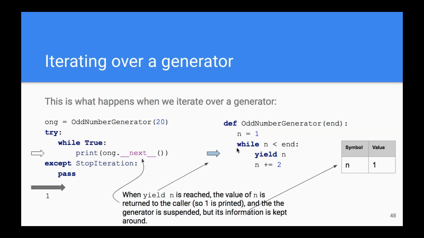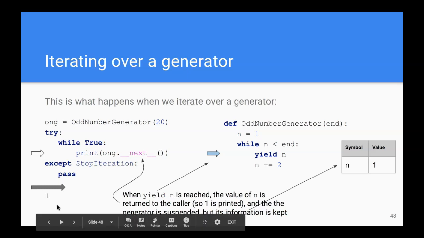It goes to the next line of code, while 1 less than 20. So that is true. So at that point, it yields n, which is 1. When it yields, like I said, yield is sort of like return. So it actually returns from here. It returns 1 back to the caller, and that's how 1 gets printed out. Okay?